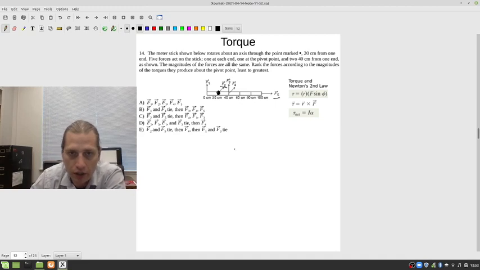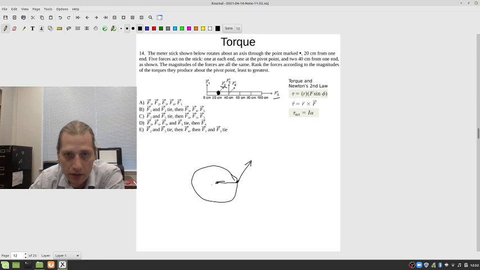The torque is, if you have an object, it doesn't need to be just a line, but if you have a force that you're putting on this. Okay, so here's the distance from the axis of rotation. So this is the point that we've nailed down. It can only spin around that.